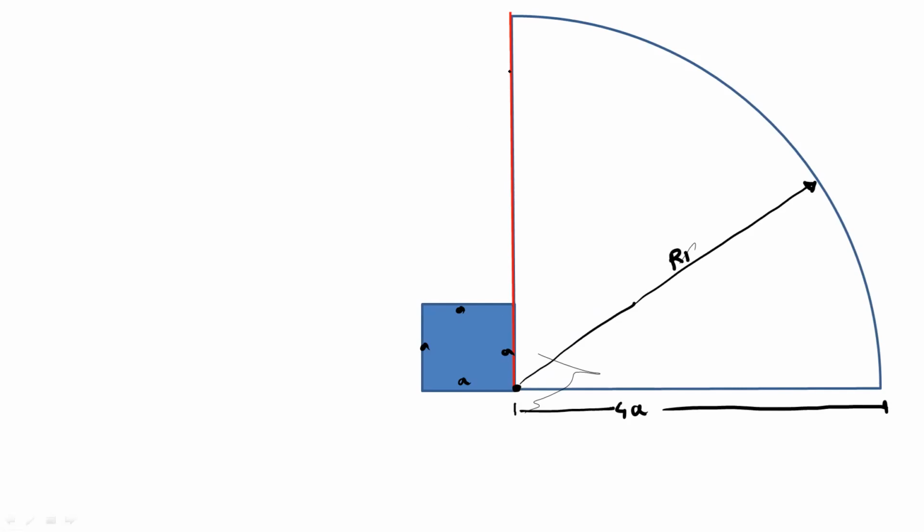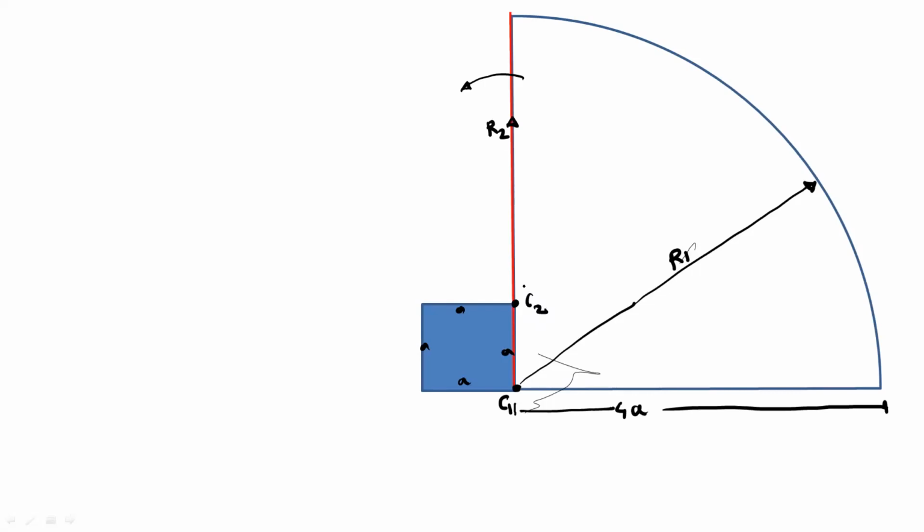Now, as we wrap this in the anti-clockwise direction, its center, which was originally C1, will change and become C2. So for the remaining curve, its center will be C2, and this is the radius R2.